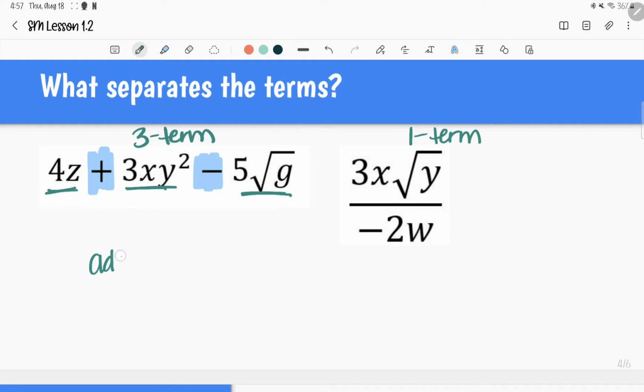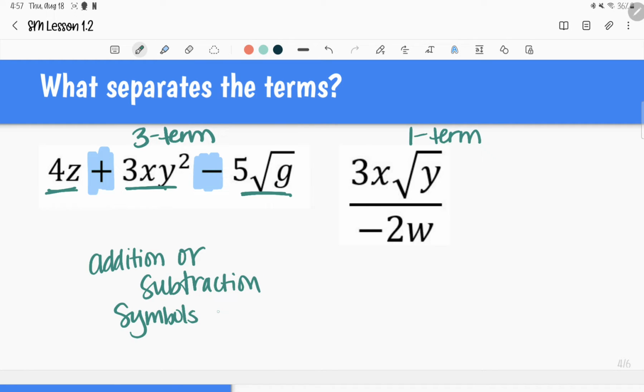Addition or subtraction symbols separate terms. Okay, only addition or subtraction, not multiplication or division.